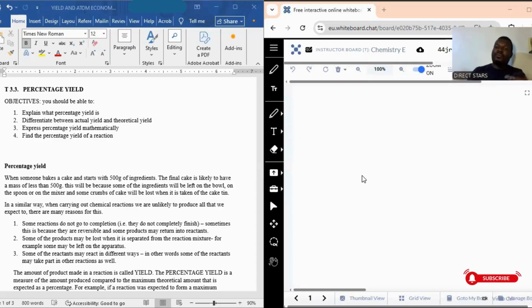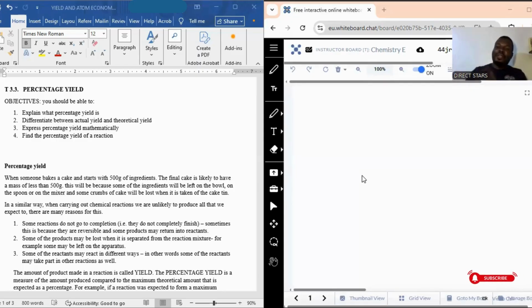So that can also affect the final product expected. Some of the product may also be lost when you're trying to separate it from the reactant mixture. Some of the reactants may also react in different ways, or may not even be part of the chemical reaction.